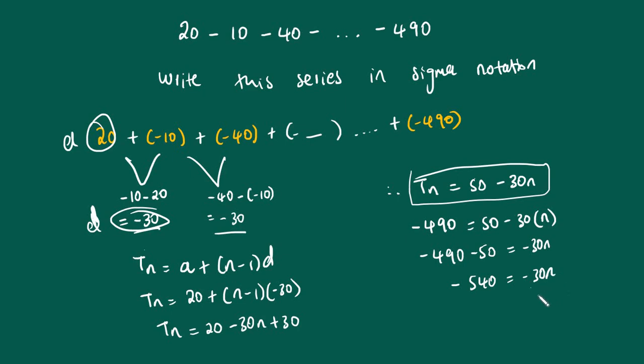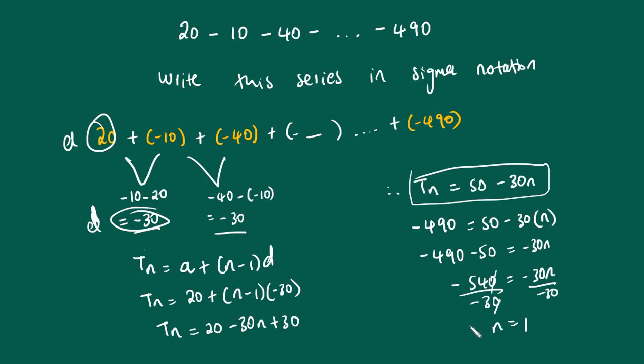Then you can divide by negative 30 on both sides. So I believe you'll get n as this, cancel that. 3 into 54. 3 into 5 is 1, right? And then 3 into 24 is what?